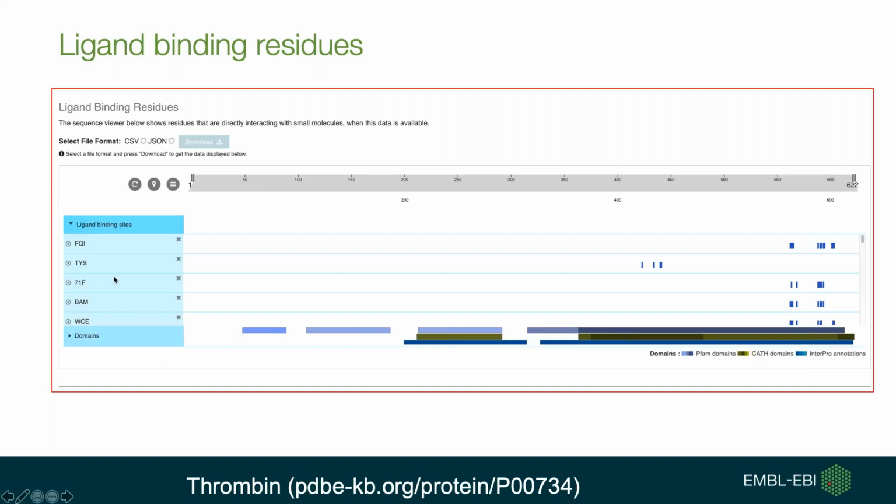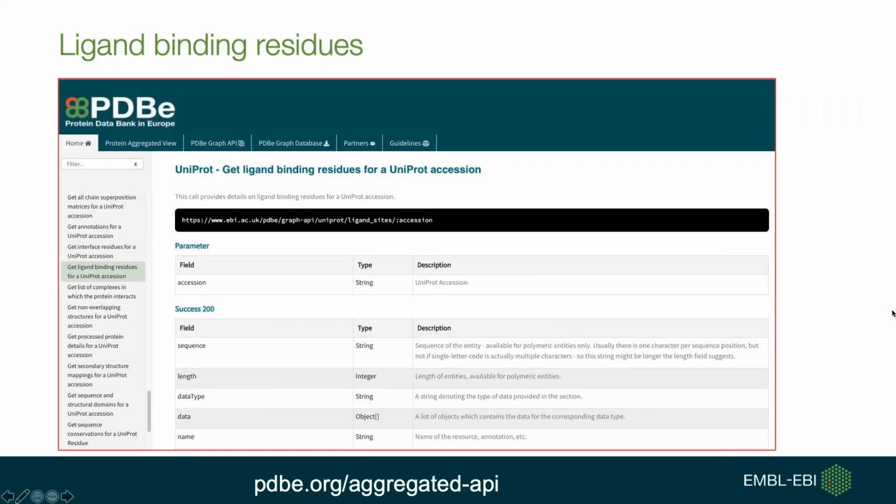And here you can see each ligand in a row, and the highlighted are the residues that take part in the particular interaction. The API call which provides this data is the one here in the UniProt category, get ligand binding residues for UniProt accession.